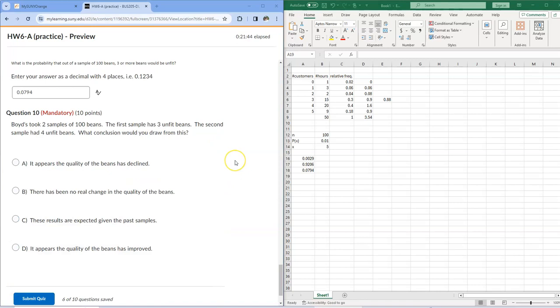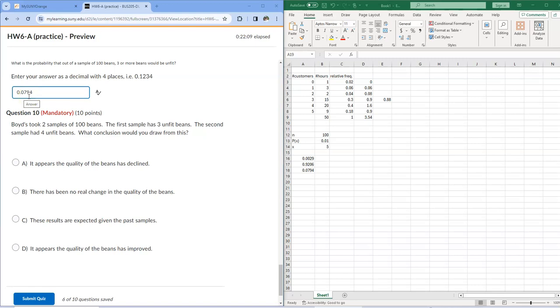Now let's just take a look at this last question, question 10. Boyds took 2 samples of 100 beans. The first sample has 3 unfit beans. The second sample has 4 unfit beans. Well, the probability of any sample having 3 or more unfit beans, we already calculated in the previous question, is only around 8% probability.